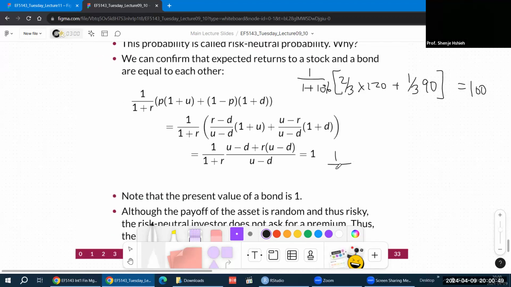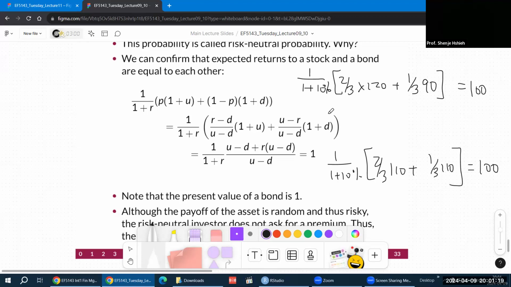If I do the same for the bond, so 2/3, 110, right? Plus 1/3, 110. Discount it back by 10%. That's going to give me 100, right? So using these now, I guess, fake probabilities, right? These aren't real probabilities anymore. There's no 50-50, right?